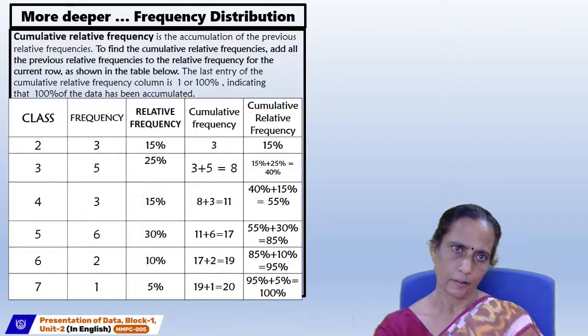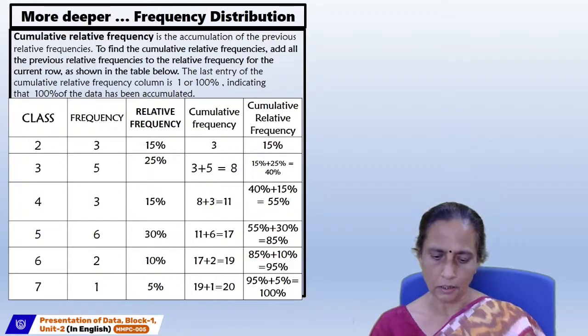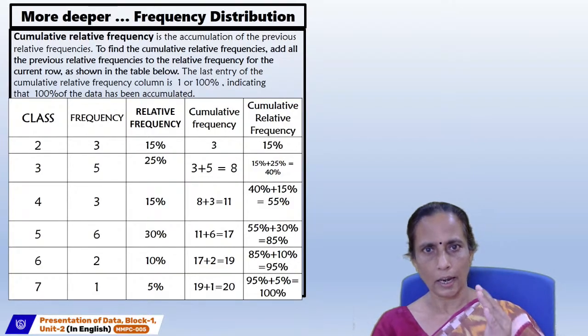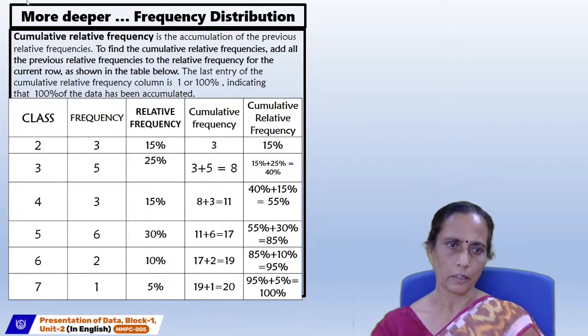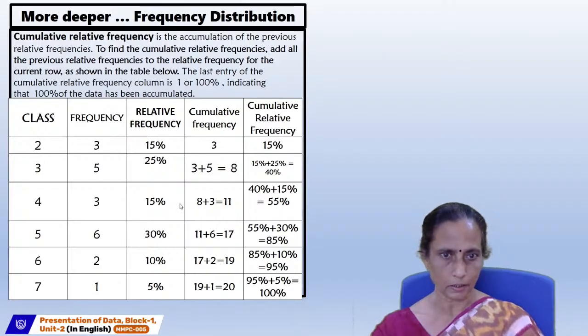Then we have done frequency and relative frequency. So cumulative relative frequency is the accumulation of the previous relative frequencies. This is 3 and this is 5 plus 3, 8, this is 8, 3 plus 8.